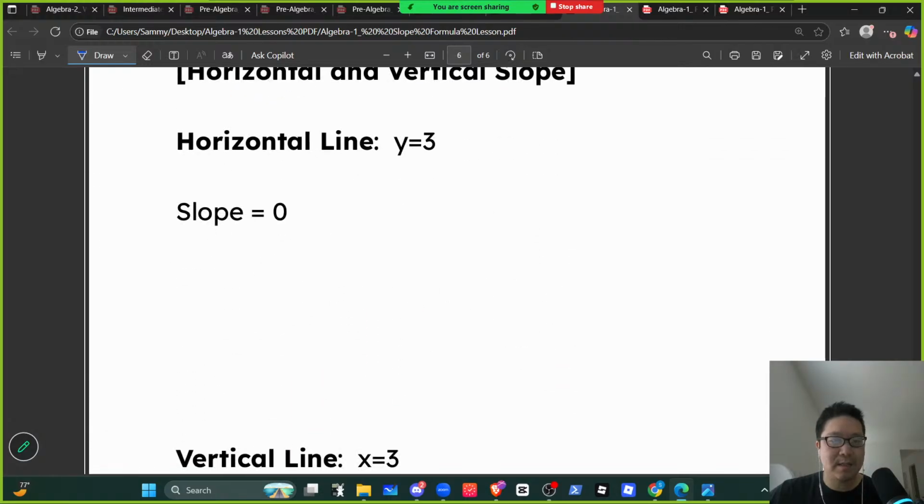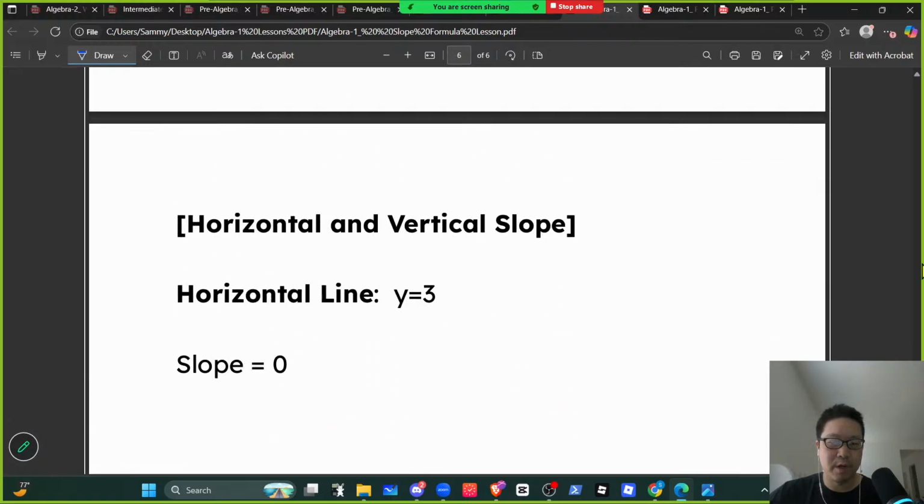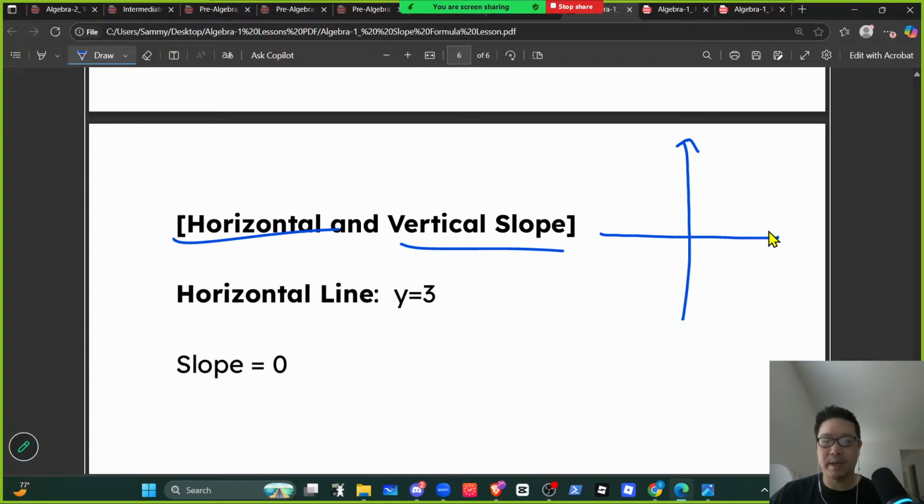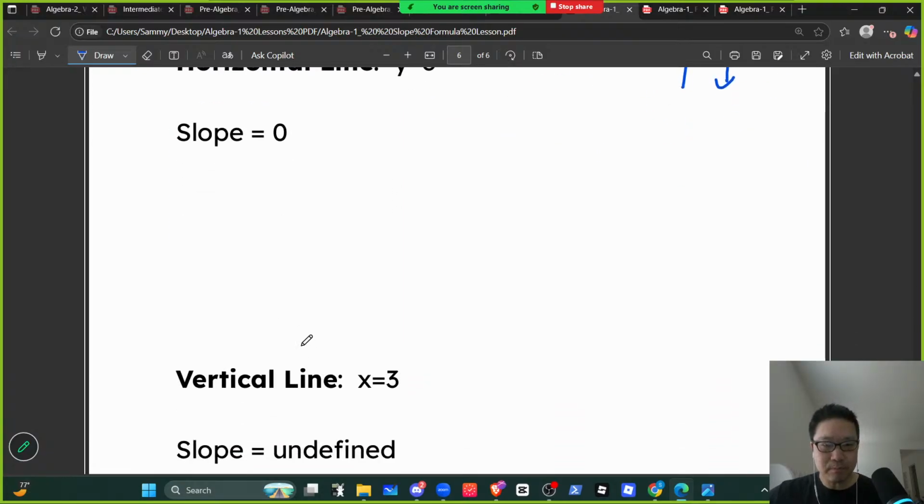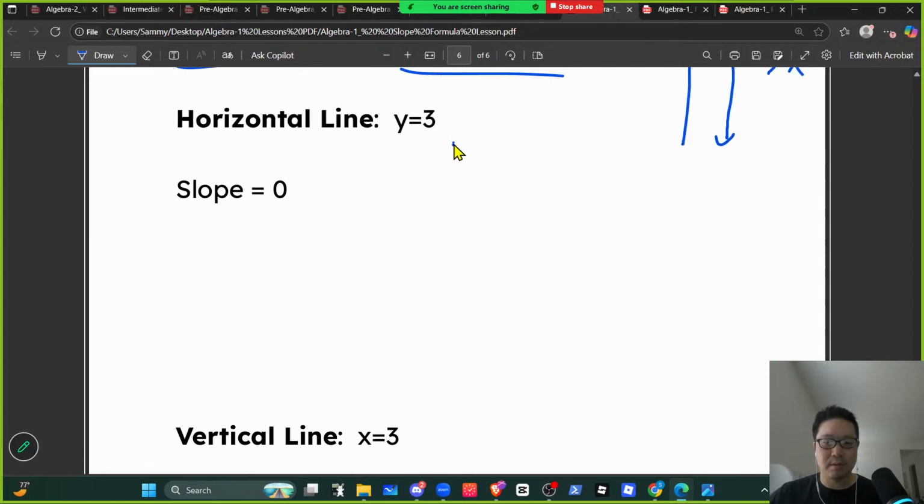All right, the last concept we need to be familiar with is the idea of horizontal and vertical slopes. In other words, given a coordinate plane, what are the slopes of lines that are completely vertical, like that? And what are the slopes of lines that are completely horizontal, like that? Horizontal lines are going to be described by y equals something.